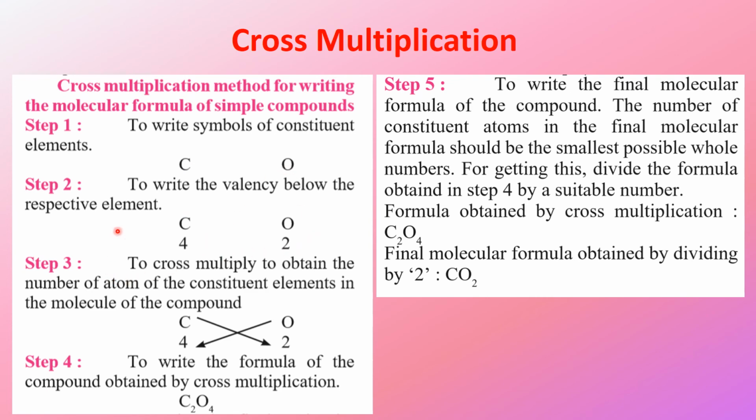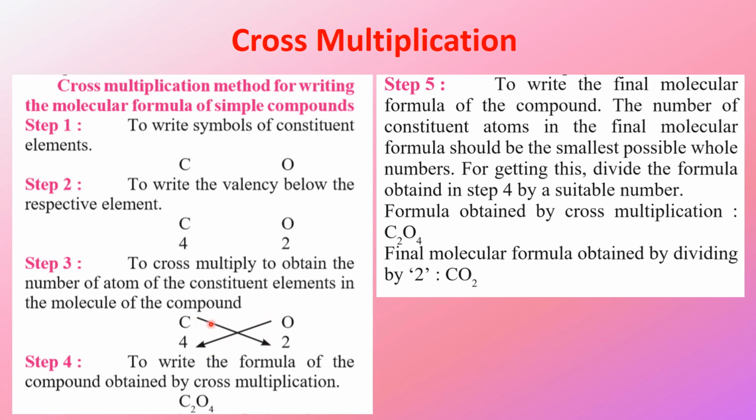Next, see, in the first step we wrote only the symbols of the elements, and in the second step we wrote the valencies below the element symbols. And step 3, to cross multiply to obtain the number of atoms of the constituent elements in the molecule of the compound. See, cross multiplication of the valencies.